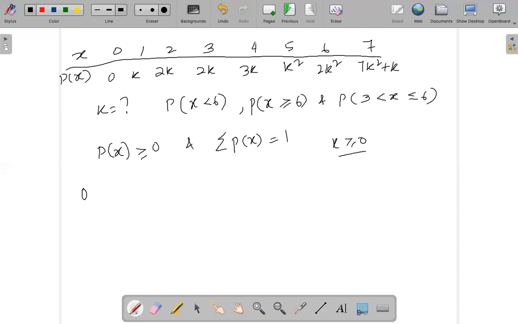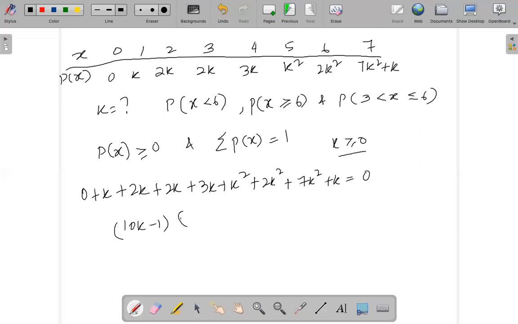So 0, k, 2k, 2k, 3k, k square, 2k square, and 7k square plus k is equal to 1. After simplifying, you get (10k minus 1) and (k plus 1) equal to 0. So you get k value as minus 1 and k value as 1 by 10.